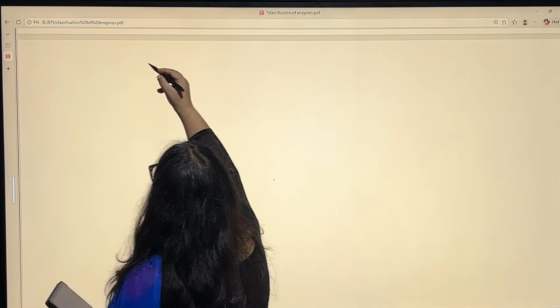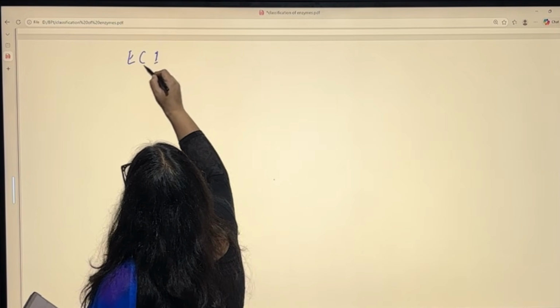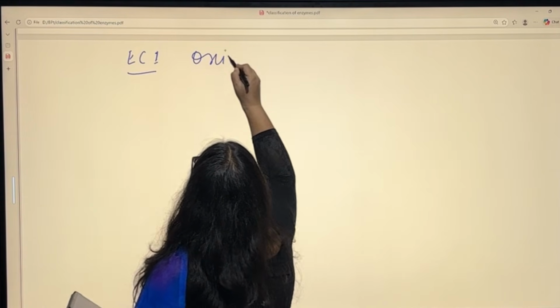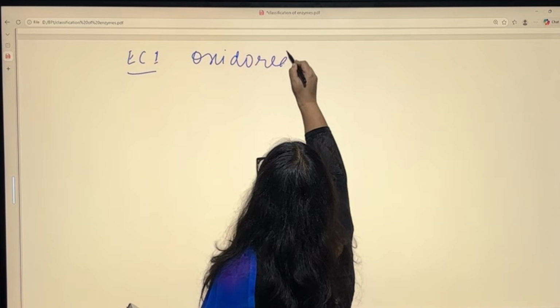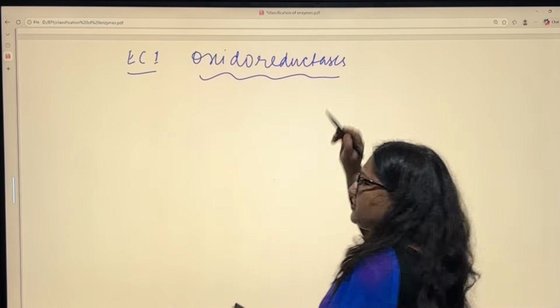So now let us move on to Enzyme Commission number 1, which is oxidoreductases.